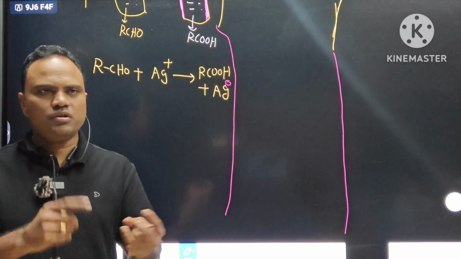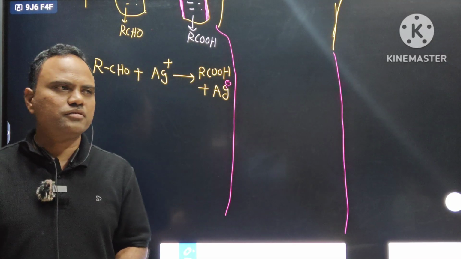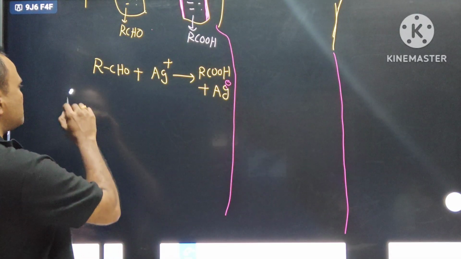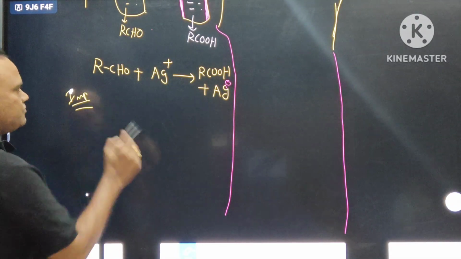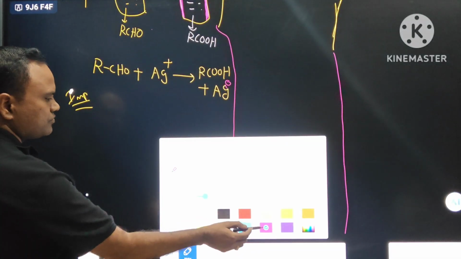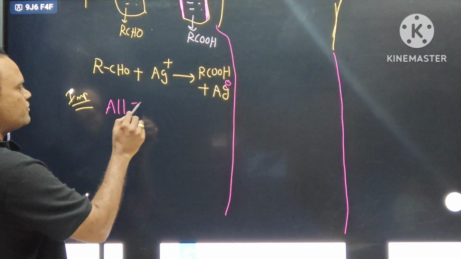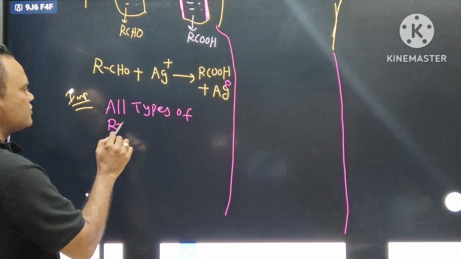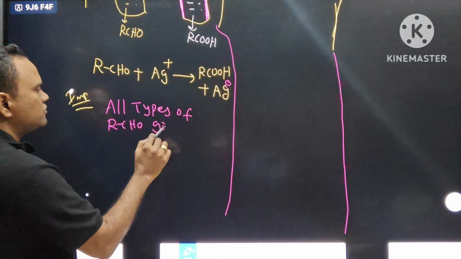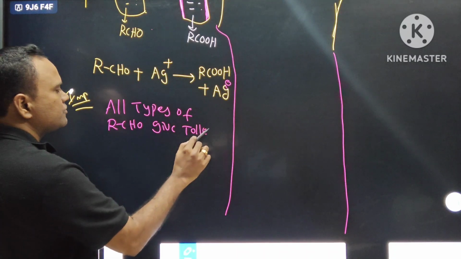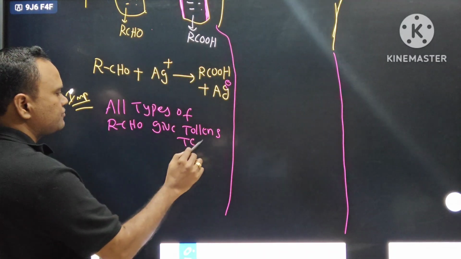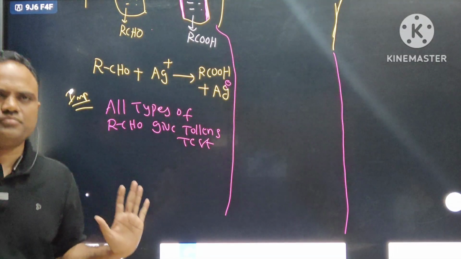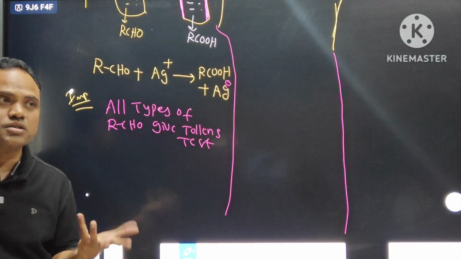There is no exception. Formaldehyde, acetaldehyde, benzaldehyde, all types of aldehydes give Tollens test. Examples list. I keep an important symbol.